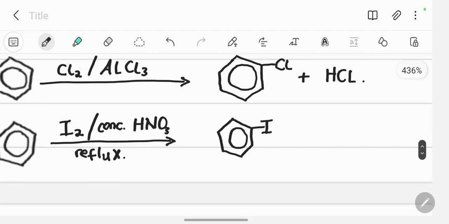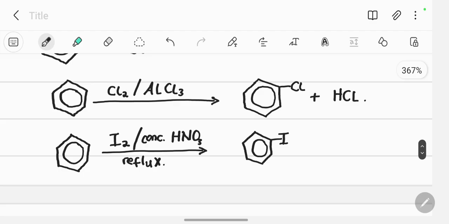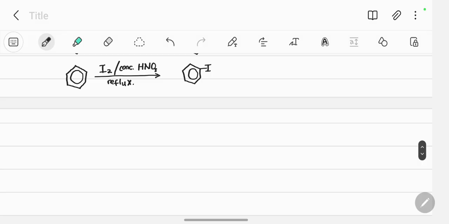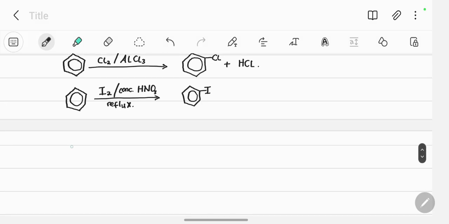So we move on to another reaction, and this one is somehow a chain reaction. If you want to prepare maybe chlorobenzene, iodobenzene, and you want to use this path, it's also possible.